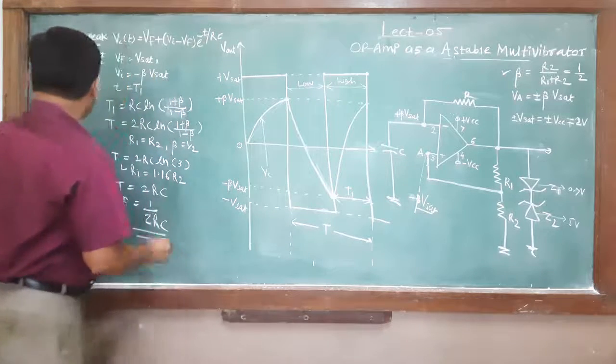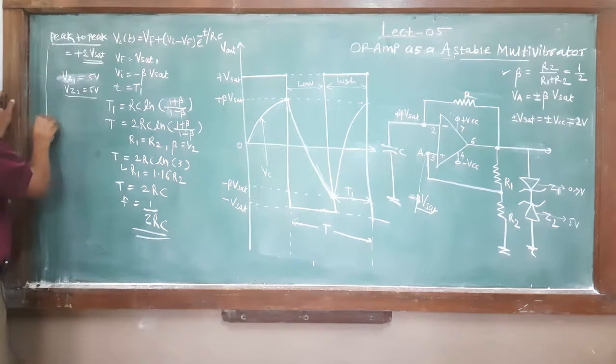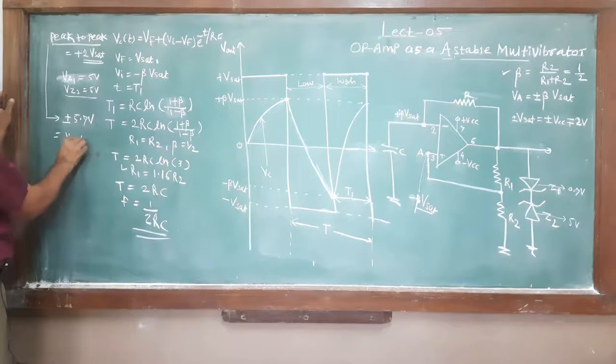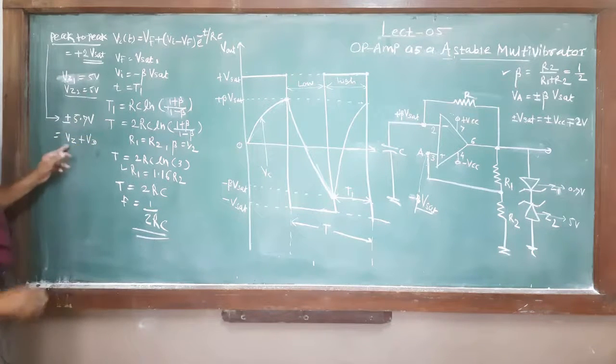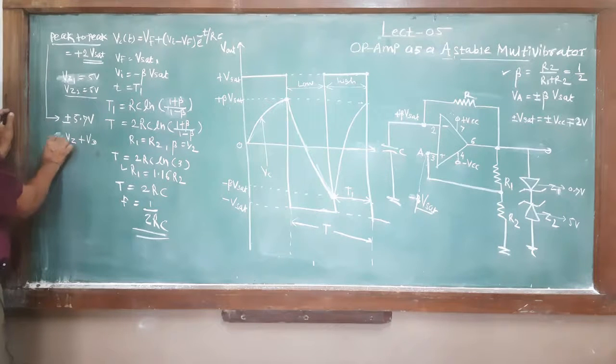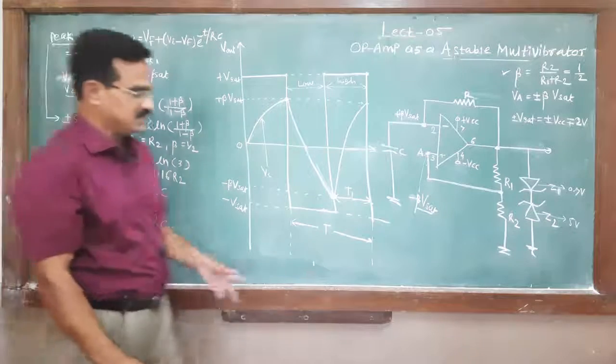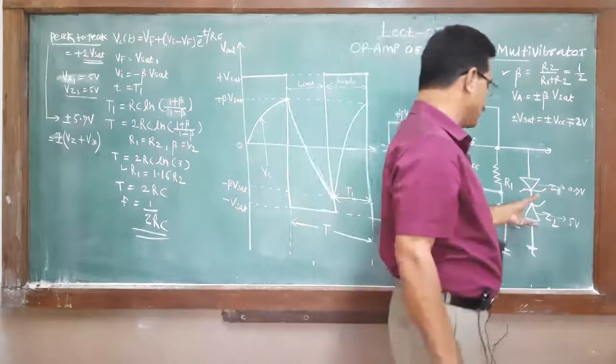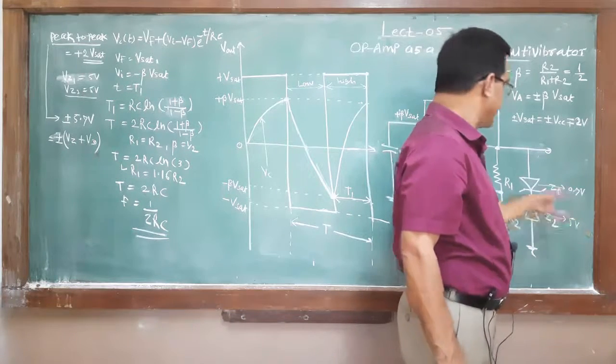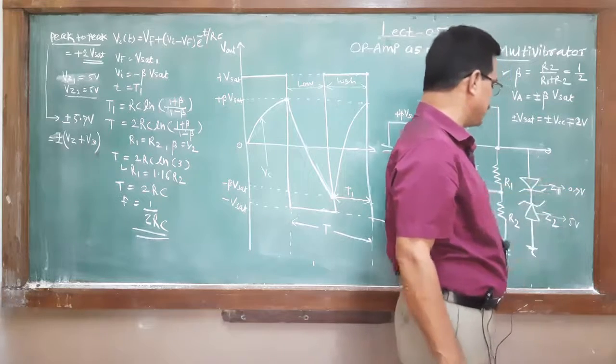You remember that we get the output plus minus 5.7 volt, and that must be equal to plus minus in bracket Vz plus Vd. Vz is the breakdown voltage of this. Suppose here it is 5 volt and this is a forward voltage, that is 0.7 volt.